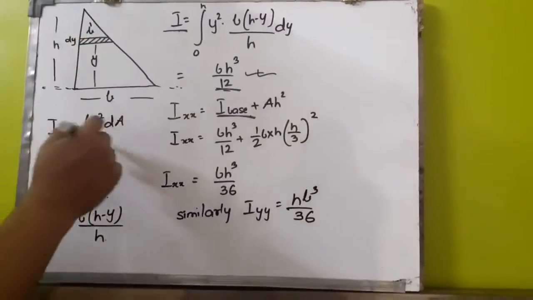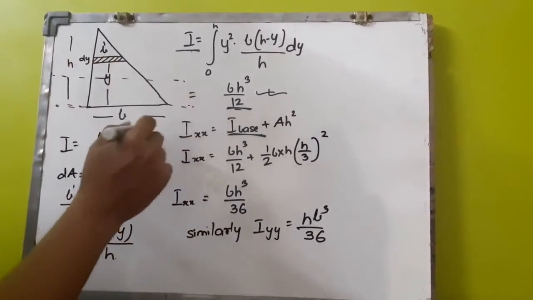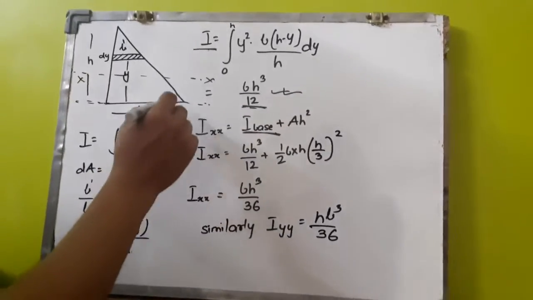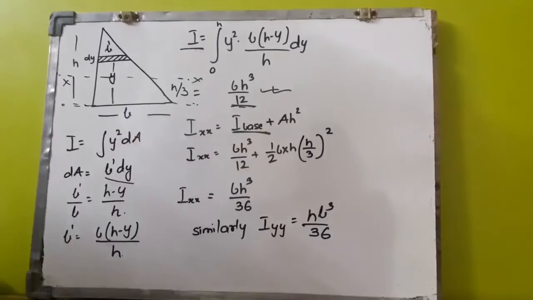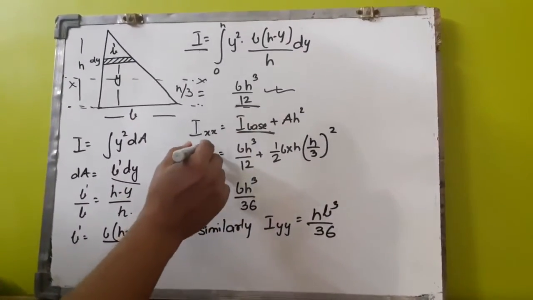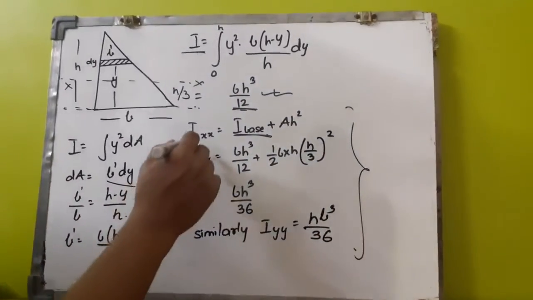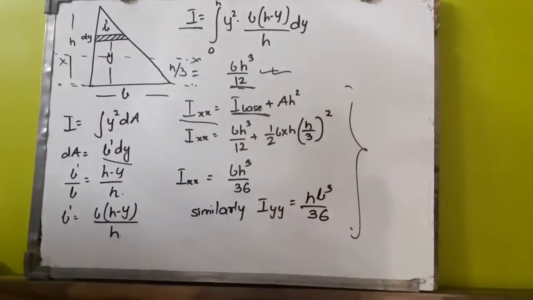Now we need to find out Ixx, that means the second moment of area with respect to this axis. This axis is located at a distance h by 3 from the base, because this we have already derived. So if you put down these values here and use parallel axis theorem, Ixx is I base, which you have already calculated, plus Ah square.